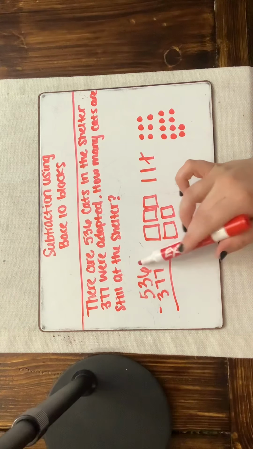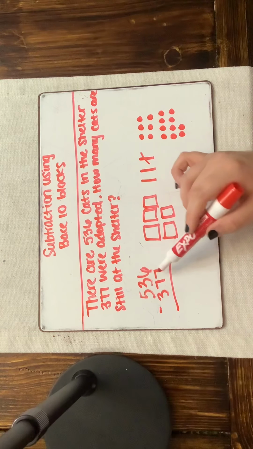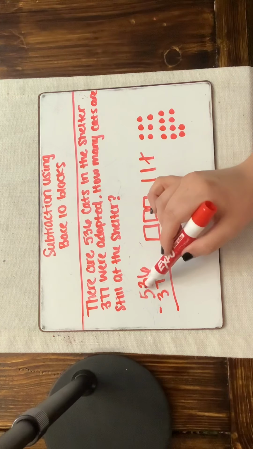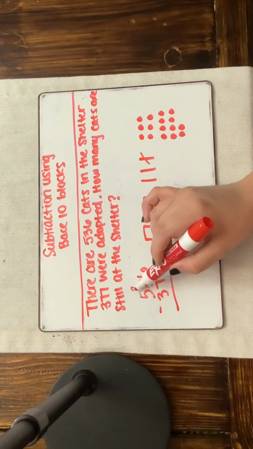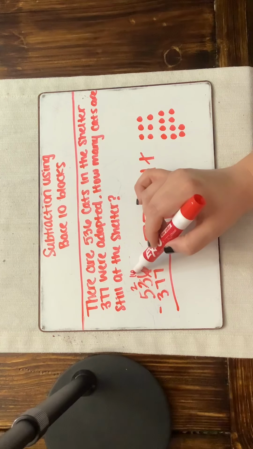Let's also demonstrate that over here on our stacked numbers. So we have 6, we're trying to take away 7. We had to borrow, making this a 2, and this a 16.